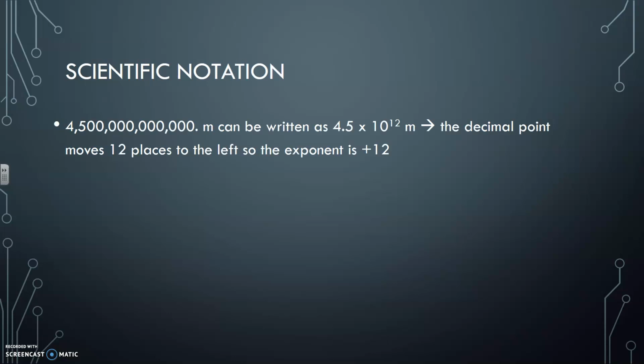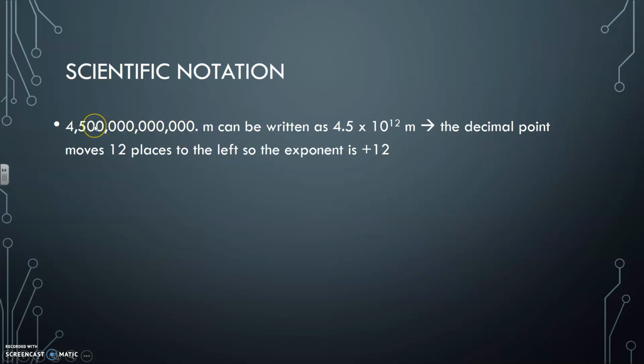So, I've got an example here. Not really a number of zeros that you'd like to write over and over again. This is a perfect example of wanting to get rid of some of those zeros. You'll notice that we have 11 zeros here.